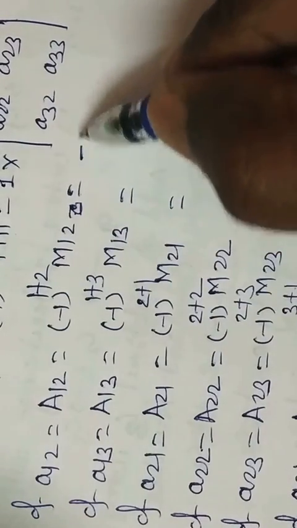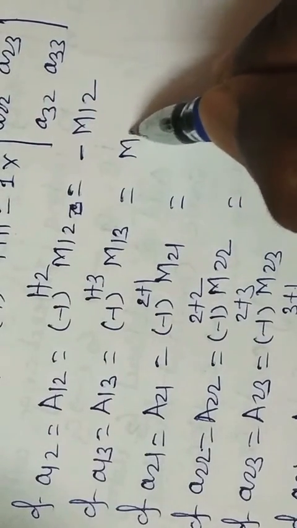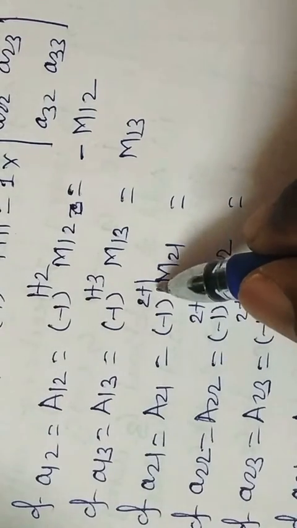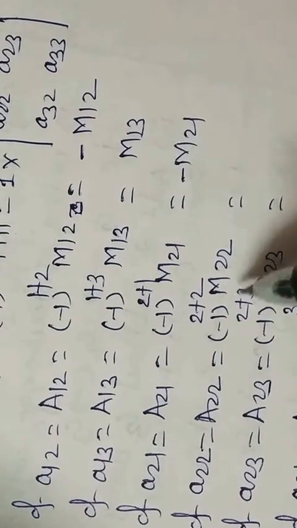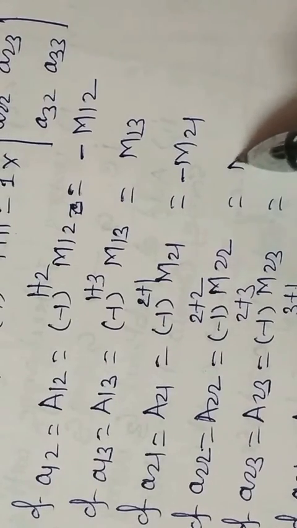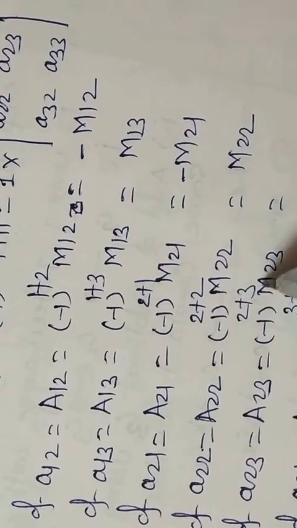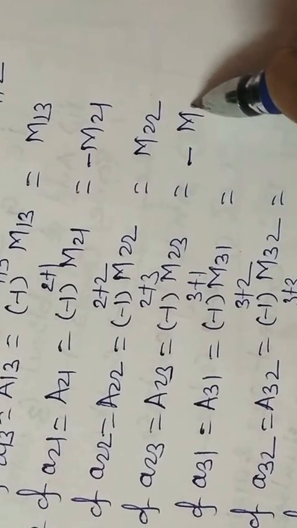So this is minus M12, this is plus M13. For 2 plus 1, 3 is an odd number, so that is minus M21. 2 plus 2 is 4, so it is an even number, plus M22. 2 plus 3 is again an odd number, minus sign, M23.